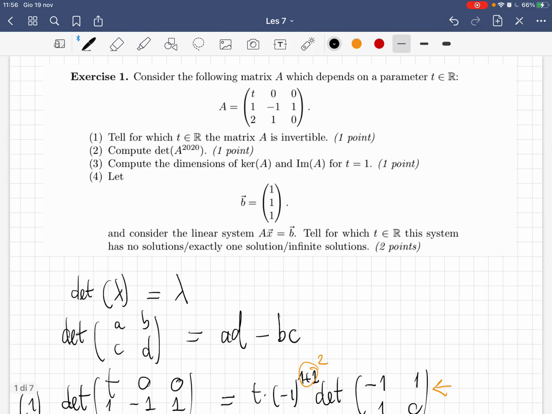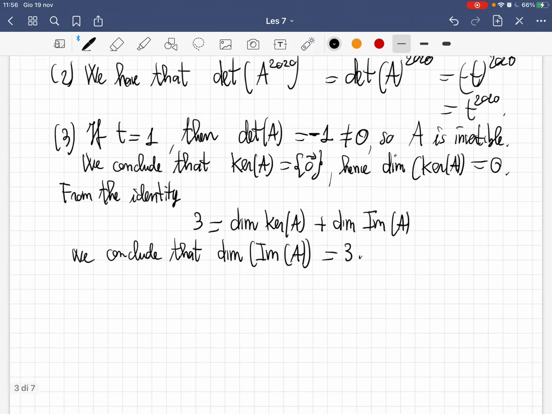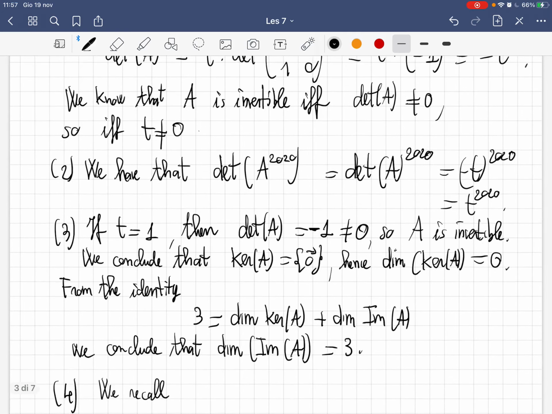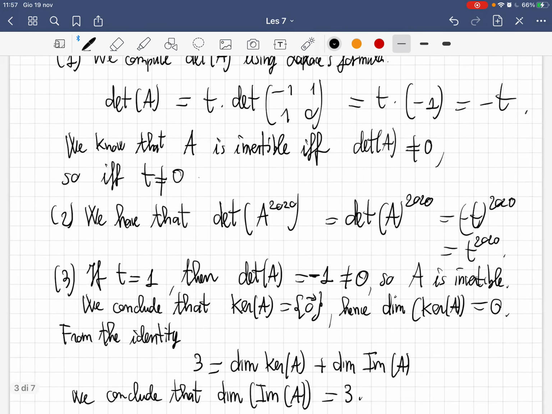So okay, and for the fourth one, we recall, if you want, okay, this is interesting. If you want to be really neat, you can recall from some other point.